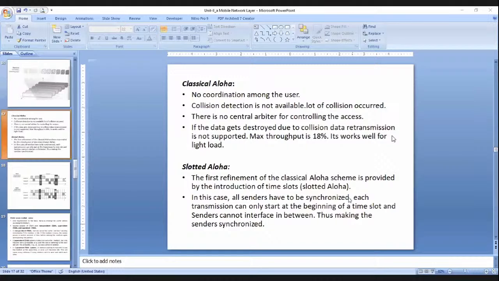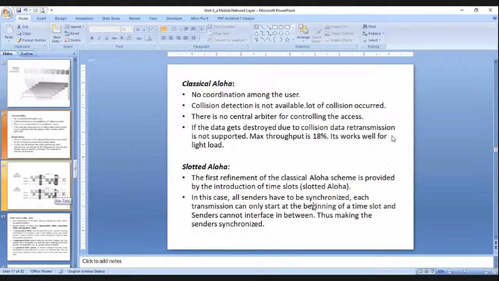As pictorial representations, classical Aloha and slotted Aloha are given here. There is only a change with a time slot, so it doesn't overcome any collisions. The collision still persists, but according to the time slot, the sender will start sending the data.